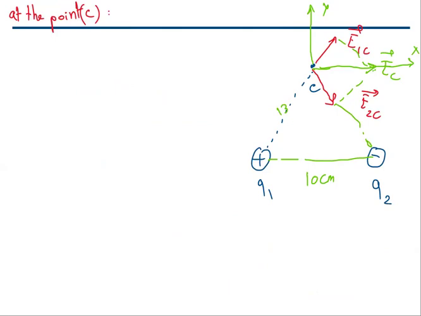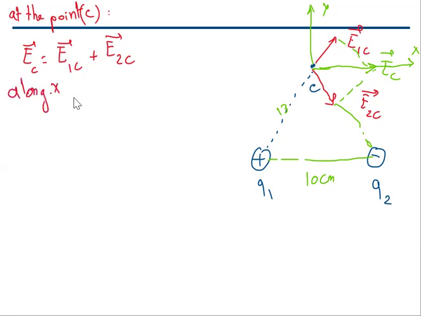Good. Let's try to do it. At the point C, what do we have? E at the point C, the total electric field at the point C, is the sum of E1C plus E2C. And as we said, we have components now. So we will take the x-axis.